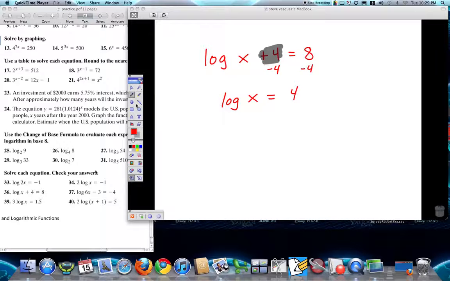I'm then going to take the power of 10 to both sides, so I've got 10 to the power of log base 10 of x, 10 to the power of 4. Those again cancel to 1, so I now have x is equal to 10 to the 4th power, which is a 1 with 4 zeros, and x is equal to 10,000.